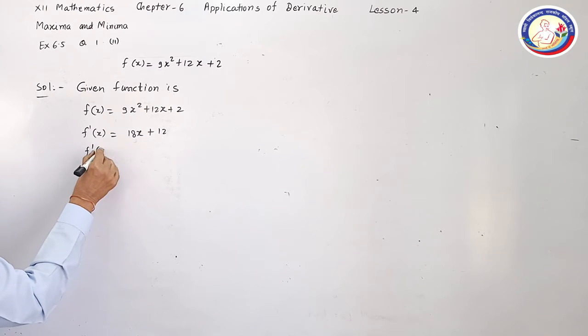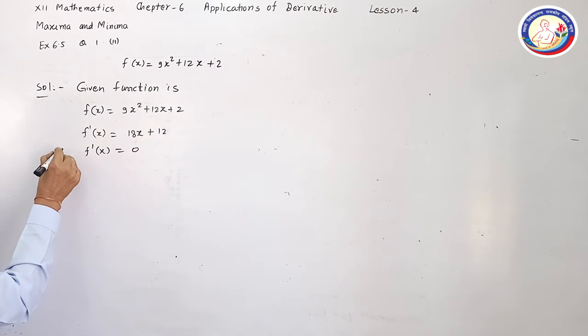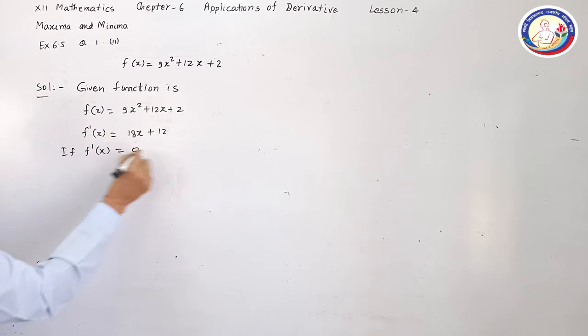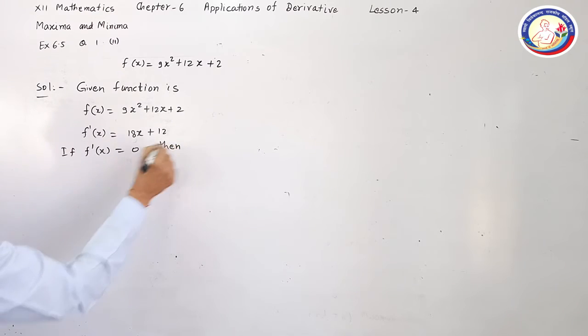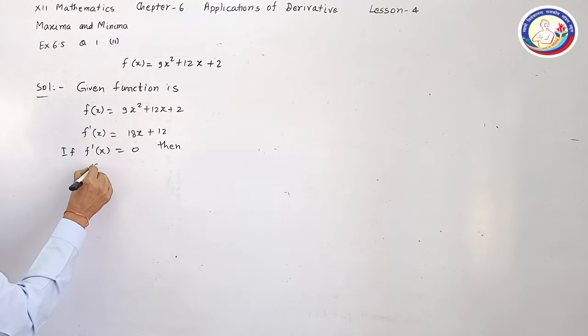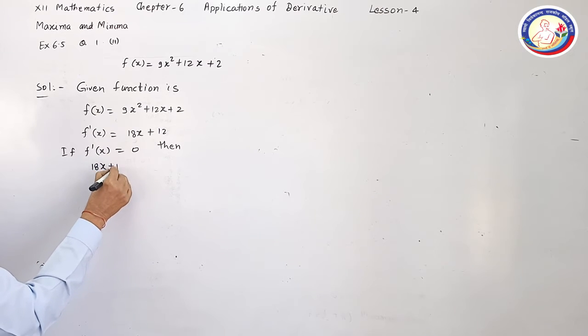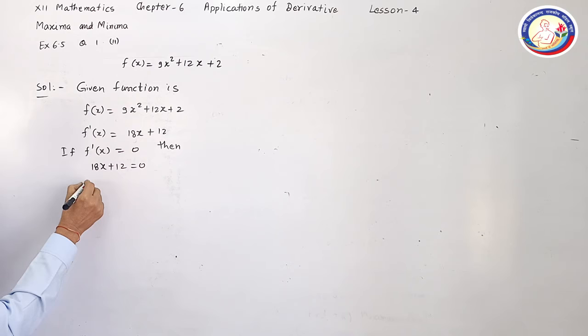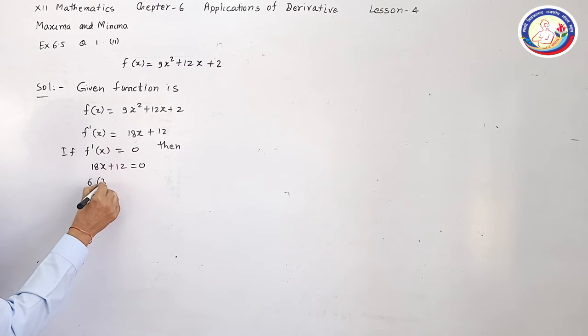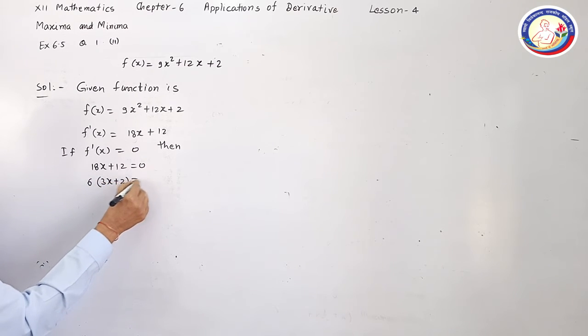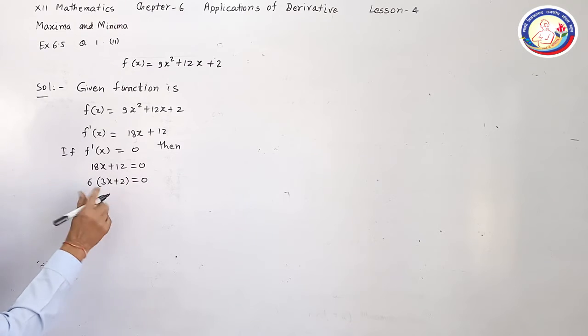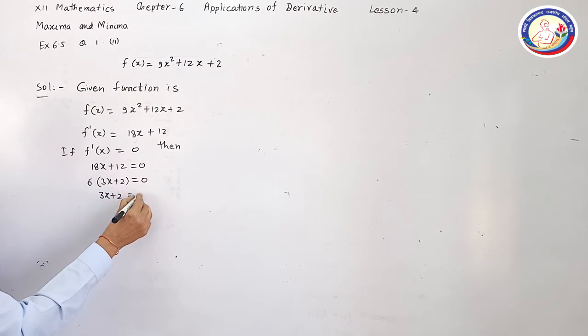If f dash x is 0, then 18x plus 12 equal to 0. Or you can say 6 into 3x plus 2 equal to 0. 6 is not 0, so this factor will be 0. 3x plus 2 equal to 0.